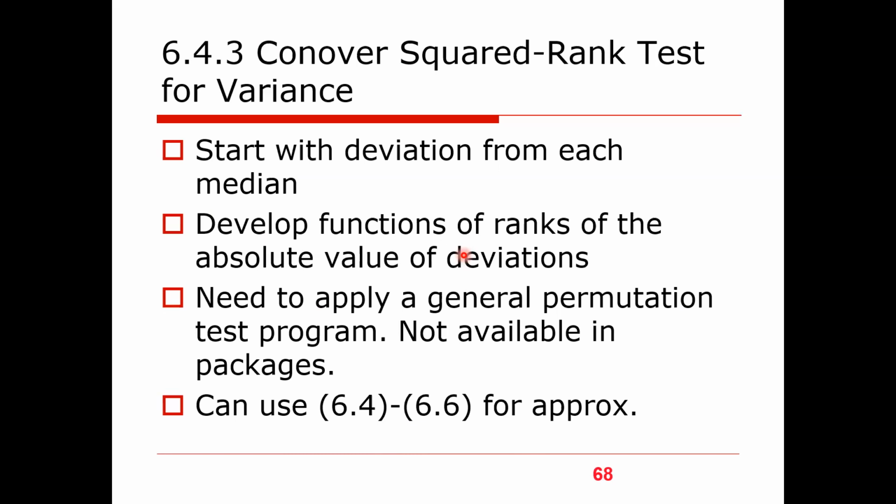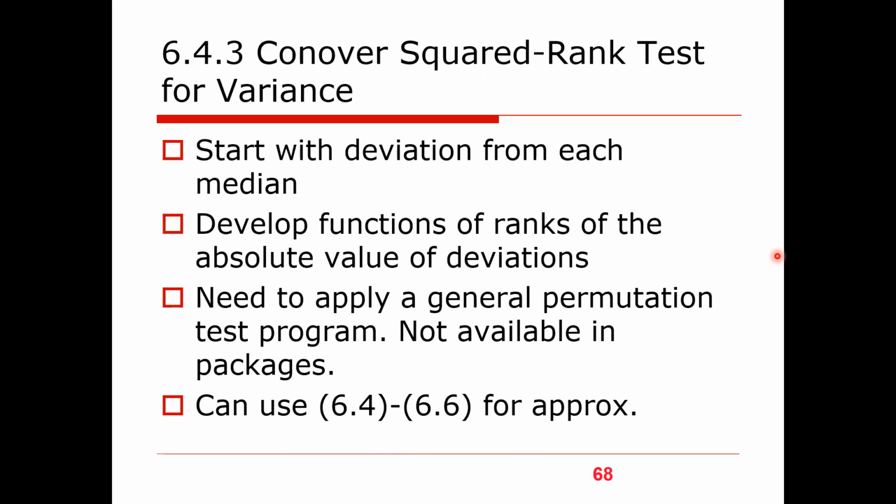Conover is a person, and he proposed a test for variance based on the joint squared rank. First, we get each observation's deviation from the sample mean, which is to use each observation to subtract the sample mean. This sample mean is not the mean of the big combined sample, but the mean of each separate sample, right?